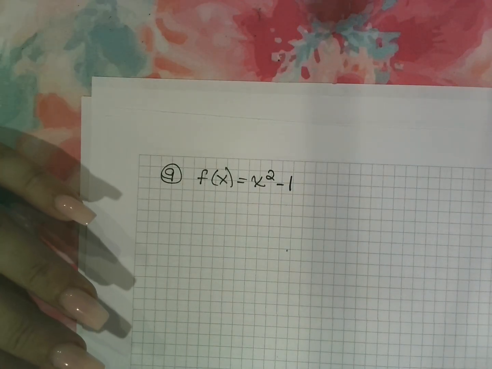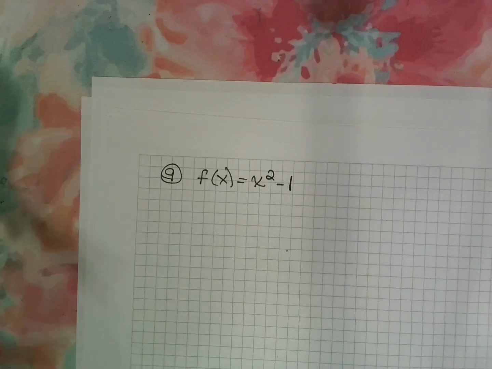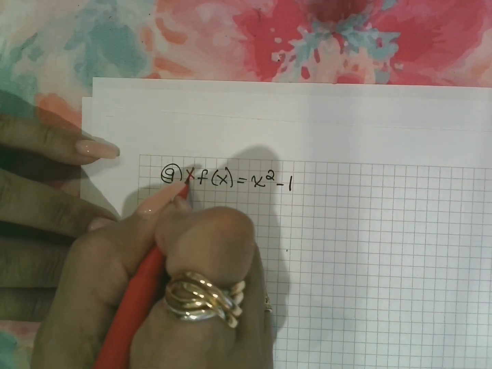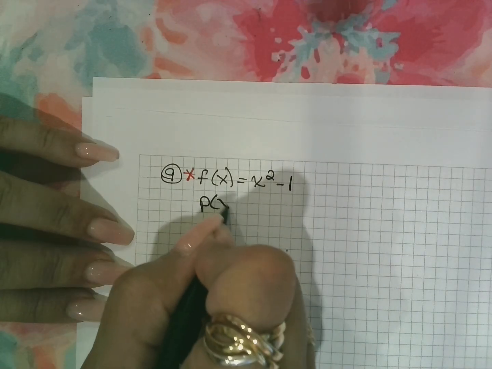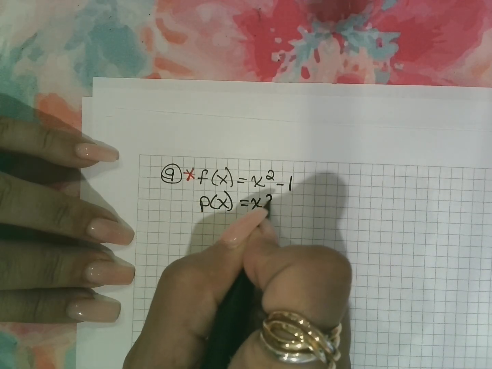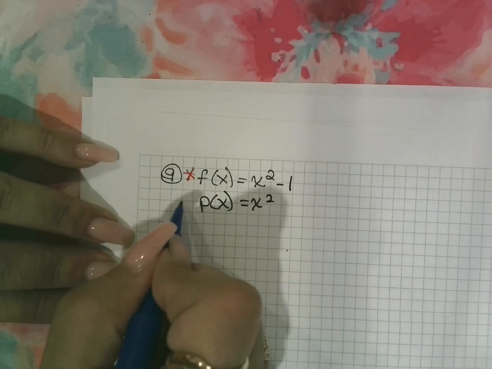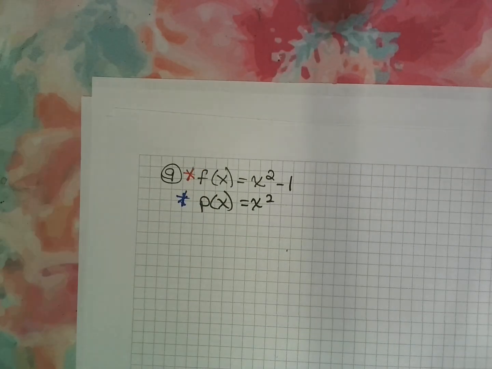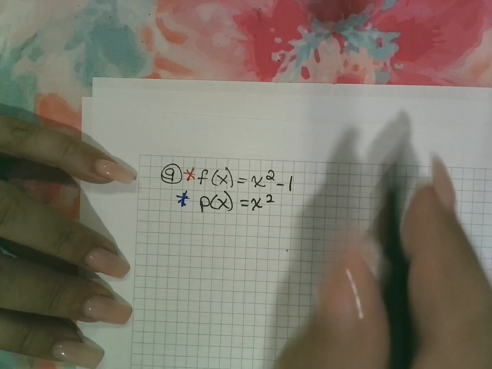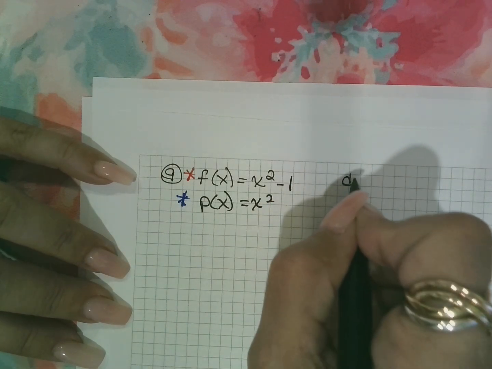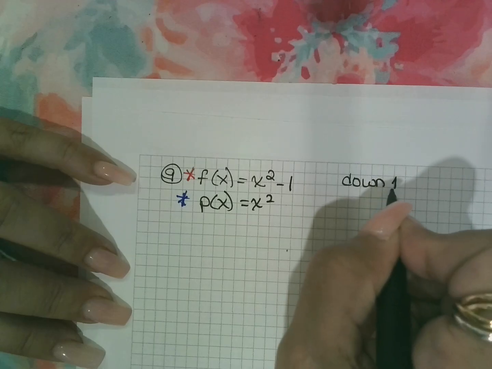This is a quadratic function. And this is the transformed function. And this is the parent function. That one's going to be in blue. And if we take a look, the minus 1 is occurring outside the function, so this transformation will be down 1 unit.